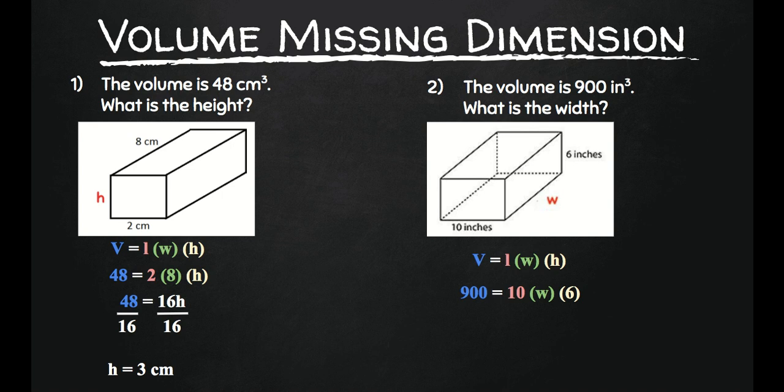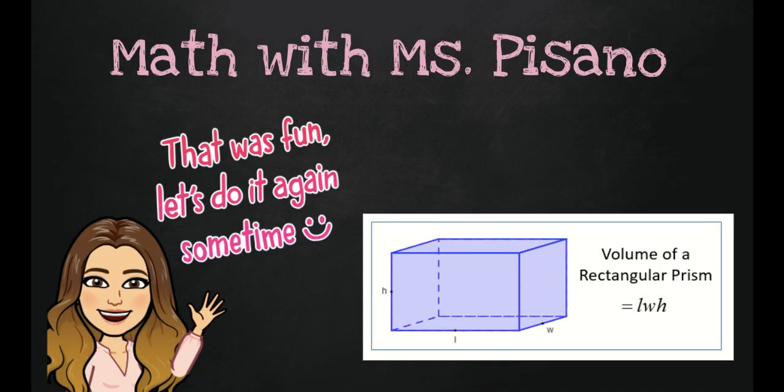So on the right side of my equation, I'm going to multiply 10 times 6, which gives me 60w. So I have the equation 900 equals 60w. My next step is to divide both sides by 60, which tells me that the width is equal to 15 inches.